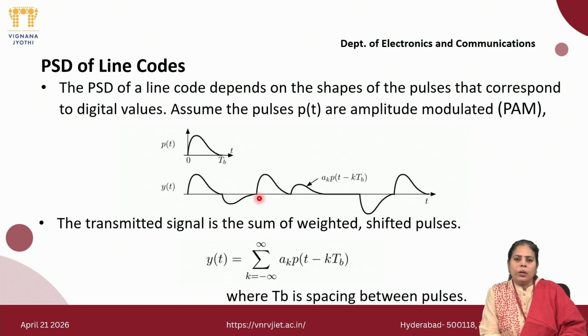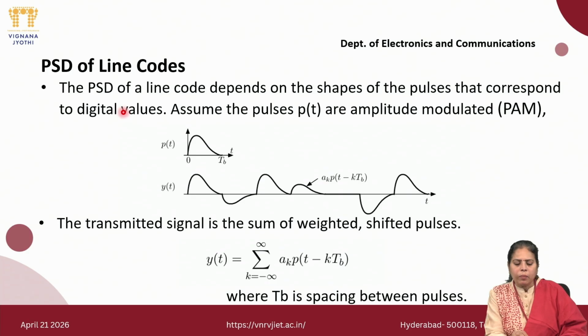Now, the most important thing is to compute the power spectral density function of the different line code schemes so that we are able to understand how much channel bandwidth is consumed by each line coding format. In order to compute the power spectral density function, let us look at this figure.